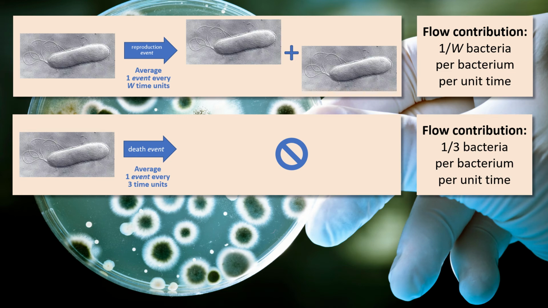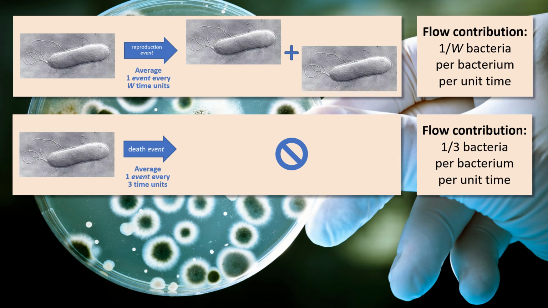So we're going to create an outflow column that looks just like the inflow column, but instead of multiplying the number of bacteria by 1 over W, we multiply the number of bacteria by 1 over 3. Where W was 0.75 in your example, this is how long we wait until that bacterium doubles. And 3 is how long we wait until that bacterium sort of vacuums up another bacterium. It gets rid of itself from the population.